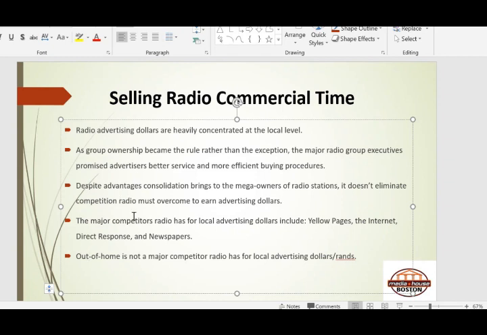These are other competitors to radio, for example the yellow pages. The internet, definitely. The cost of digital advertising is much cheaper than on our traditional platforms. Then direct response, for example emails, subscribed groups, subscribed newsletters.